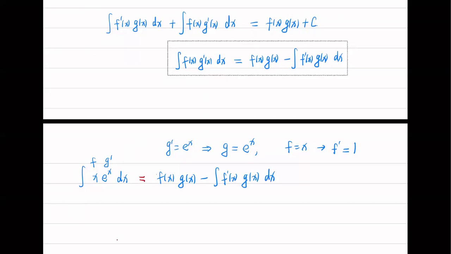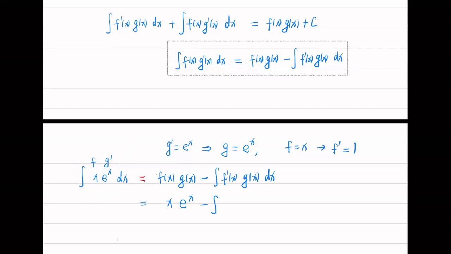Okay, integration by parts. Let's plug in. The first term is f, not f derivative, so x times g(x), which is e to the x, minus. Okay, Sophia, what's the f derivative? 1.